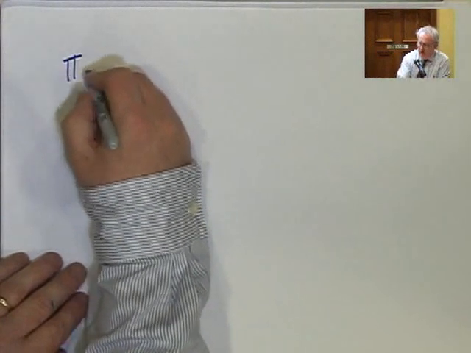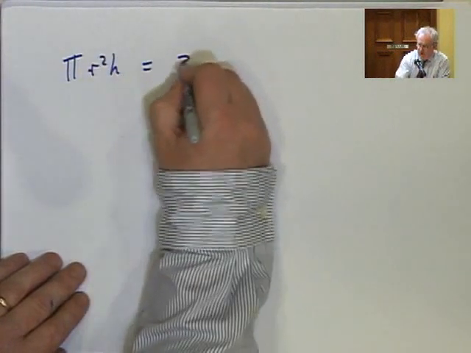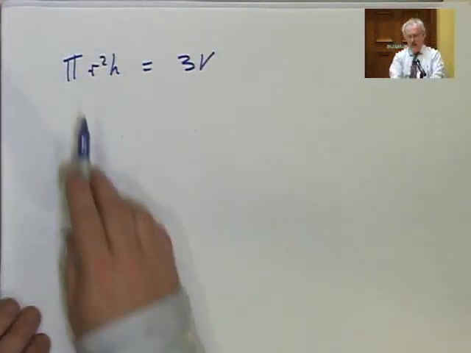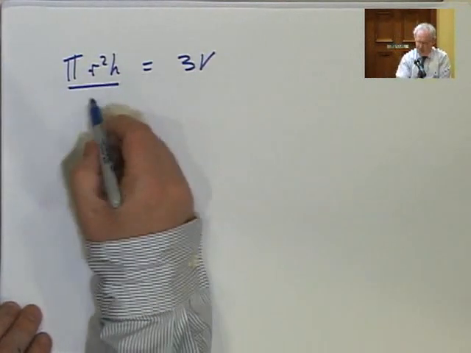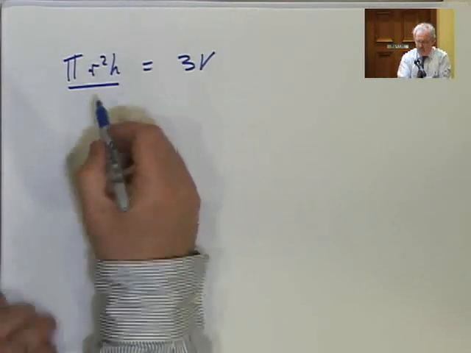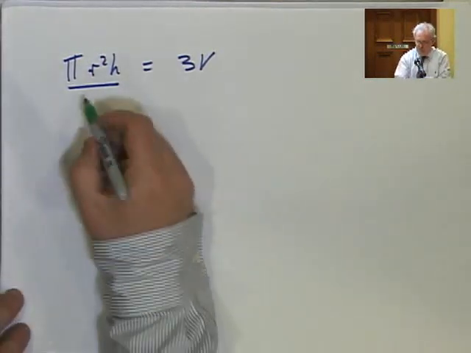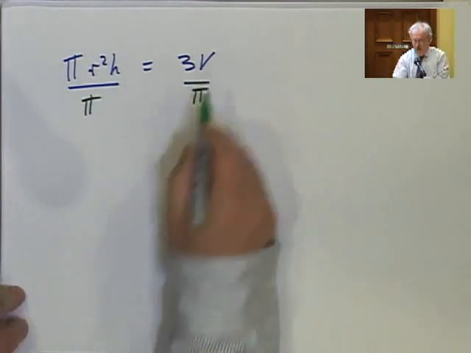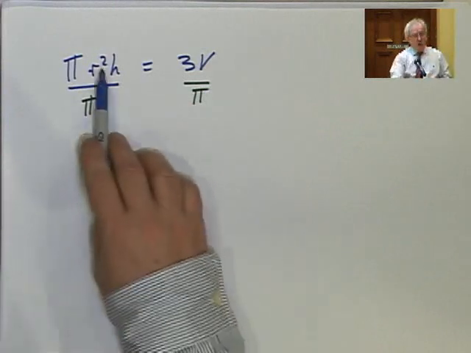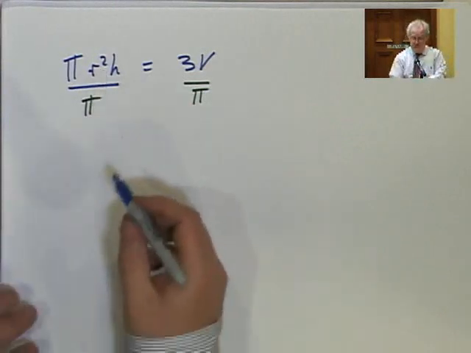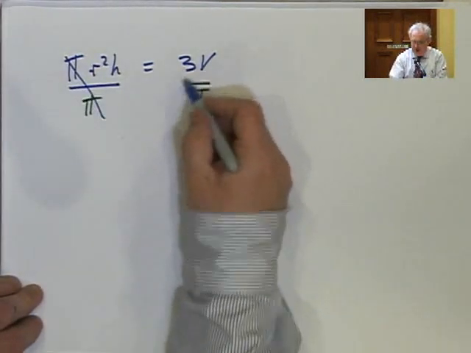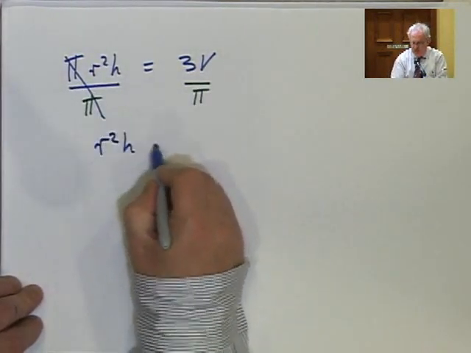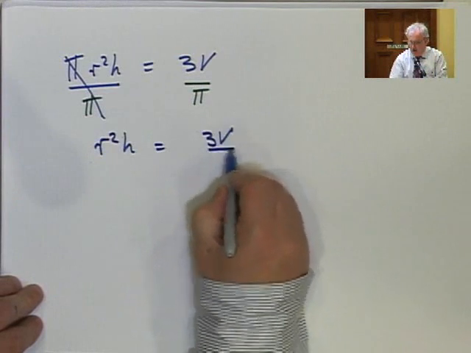It's pi r squared h is equal to 3v. That's multiplication here. So I could actually say, well, I'm going to divide that by pi, and I'm going to divide that by pi. R squared is also multiplication. I could divide that as well at the same time or later, but let's do it just later. R squared h is 3v over pi.